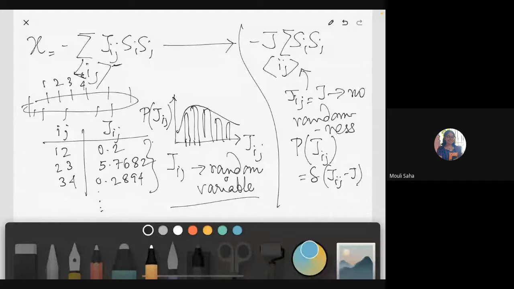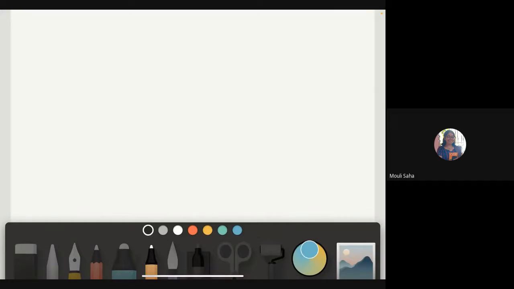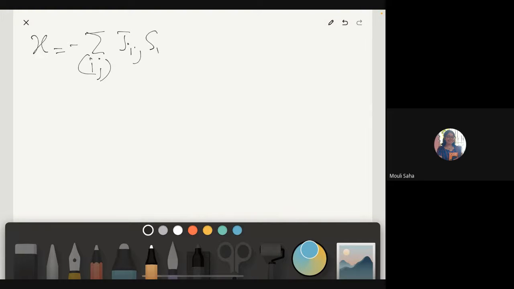Now for this model, we already discussed in this class, or the previous class, the mean field approximation. So what is the mean field approximation? Let me just go to the next page. So the general situation is the Hamiltonian is minus the sum over ij of J_ij S_i S_j, and then I write it as minus the summation over i of S_i times H_i effective, where H_i effective, let's say there's no magnetic field, would be just the summation over j of J_ij S_j.